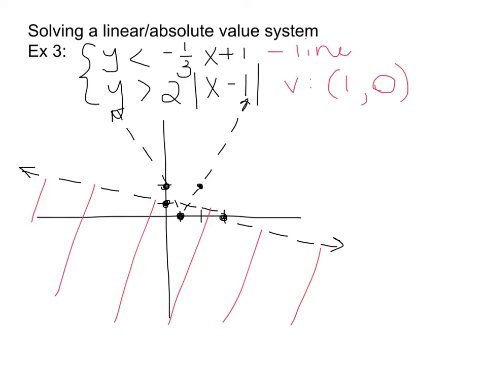And then you would need to shade above your line, which would be inside your actual V. And you are looking for the region where they overlap, and unfortunately this is a really tiny region. It is right inside in between my V and my line. That is the answer to your system.